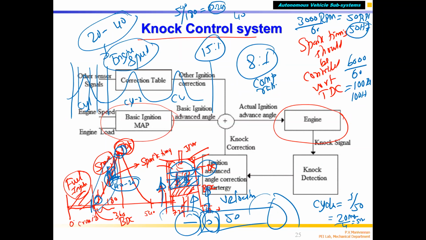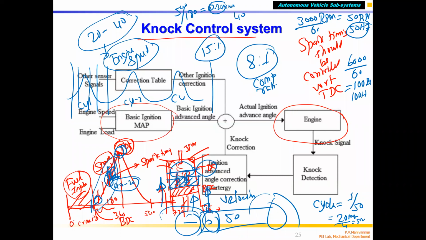Per degree, so many milliseconds, something happens. That is the time per degree of movement. So multiplied by 40 will be the time needed for combustion to happen.